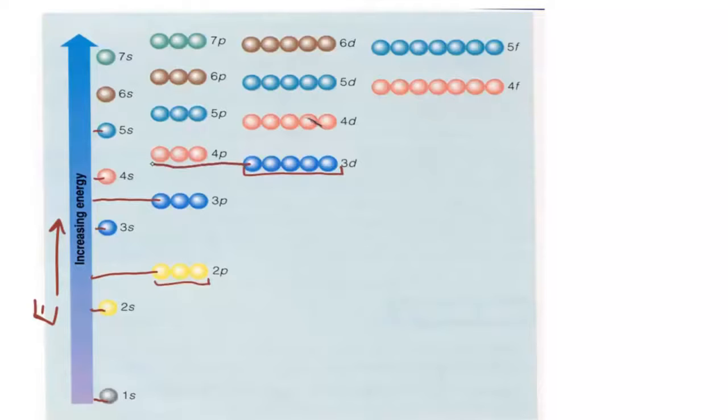So at any energy level that has d orbitals, there are always going to be 5 of them at that energy level. And then finally, f orbitals, there are 7 of them. So any energy level that has f orbitals is going to have 7 of them, as long as there are electrons to fill those orbitals. The orbital does not exist unless the electron is in the orbital.